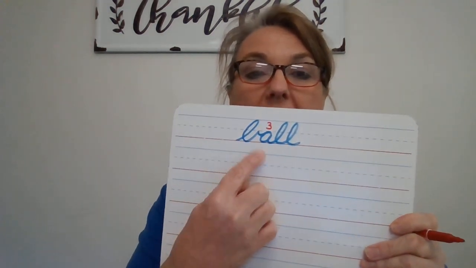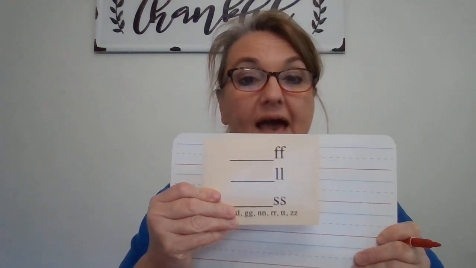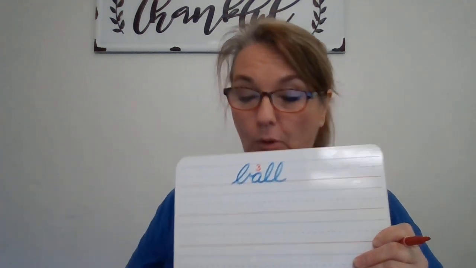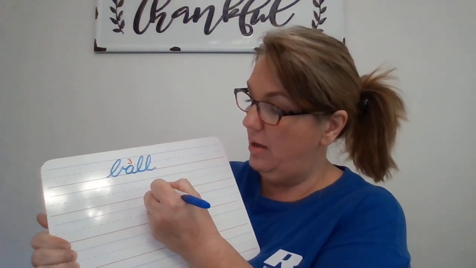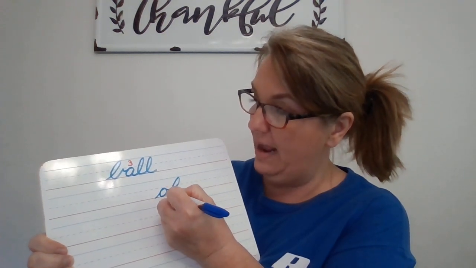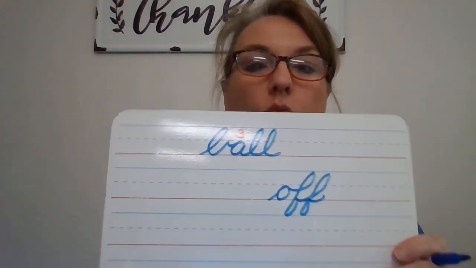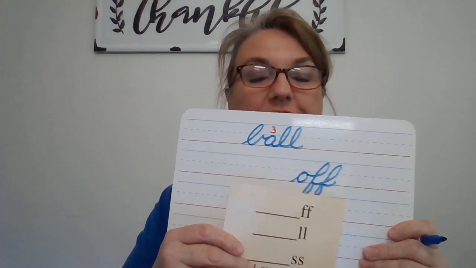We know our vowels are A, E, I, O, and U. So if we have a single vowel in our base word, a lot of times we're going to double the F, the L, and the S. For example, if I use the vowel O and double that letter F, we would have the word off. See, we've doubled that letter after a vowel.